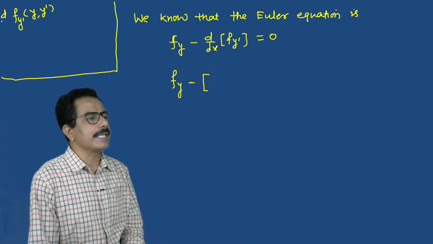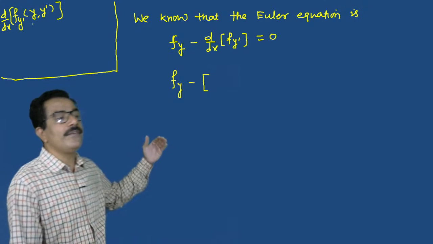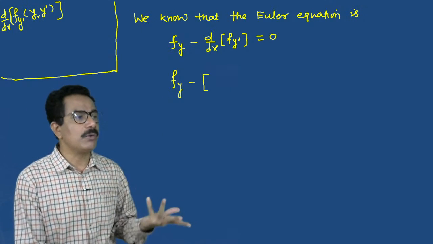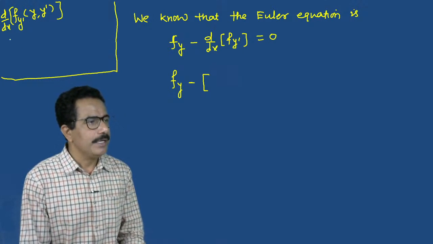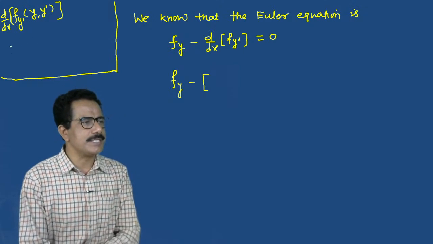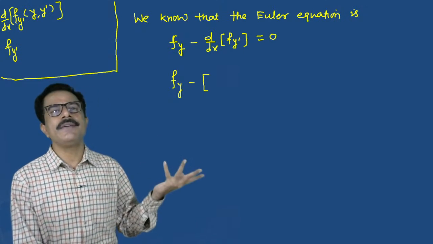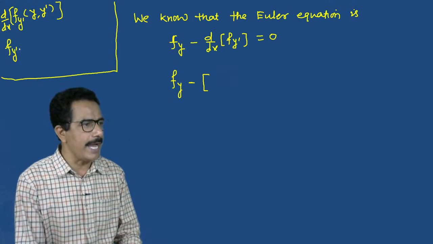So if we take the d by dx of F y dash of y comma y dash, then we have to take the partial derivative. Its partial derivative is F y dash. This is a given function. Now we have to take the partial derivative with respect to y.